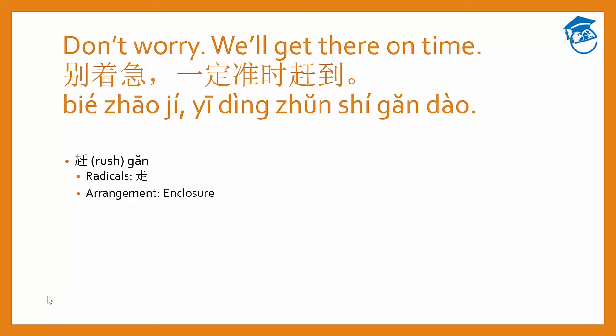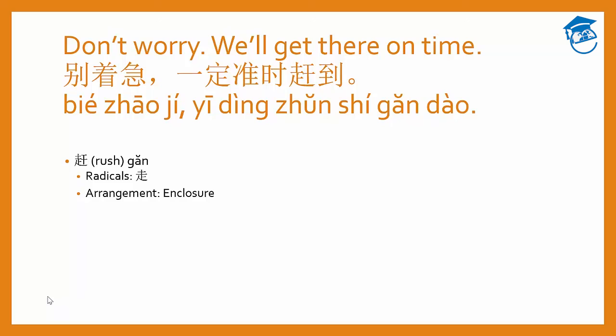Okay? So the whole sentence, 一定准时赶到, in direct translation, it's like it's confirmed or we can be sure on time to rush and arrive. Okay? So 准时 is to describe that we can rush there and arrive on time. Okay?